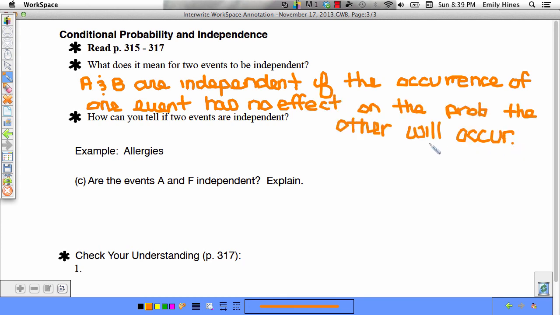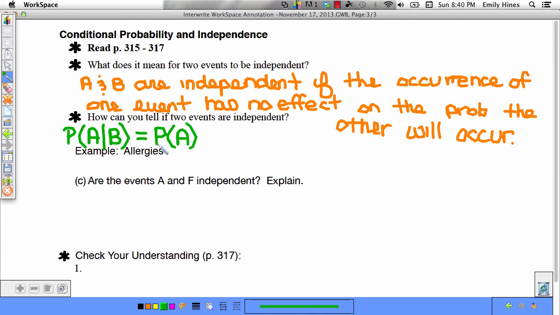Okay, there are a couple of different ways that we test for that. One way to test for it is I can see if having a given affects it. So if I'm saying that whether B occurs or not has no effect on A, then the probability of A given B should equal the probability of A whether or not B occurred.